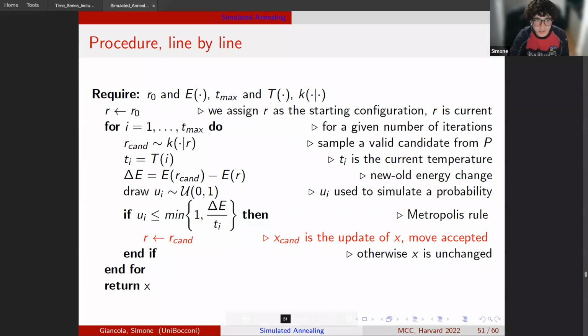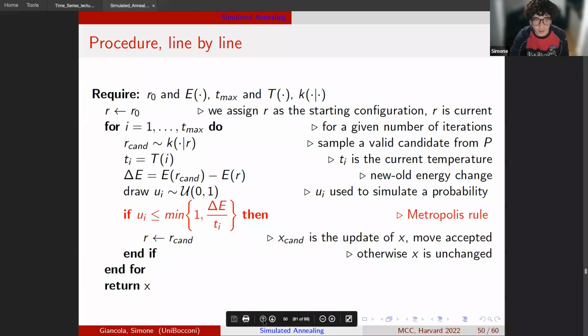This choice of the rule resembles the acceptance matrix we saw before, because this is equivalent to accepting with probability equal to the minimum of 1 and the change in energy.